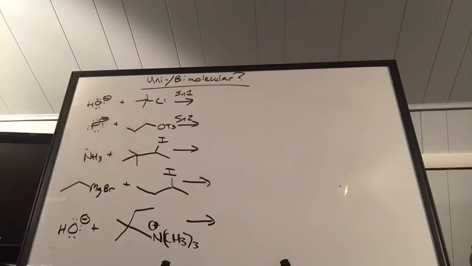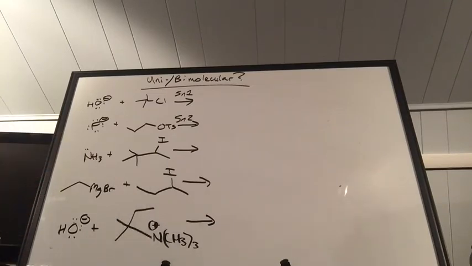You have a secondary substrate here, so that iodo group can either leave, or NH3 can come in and knock it out. The thing with NH3 is that NH3 is a weak base. In other words, it's not the world's best nucleophile, even though it can behave as one. But here's the rub.